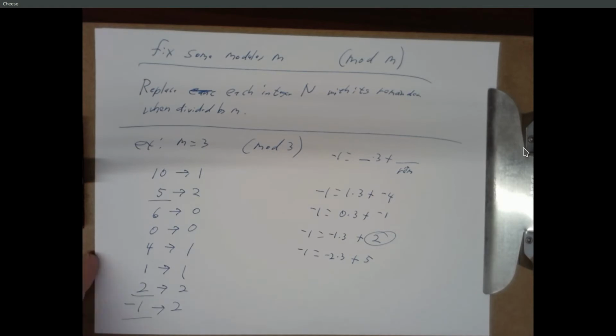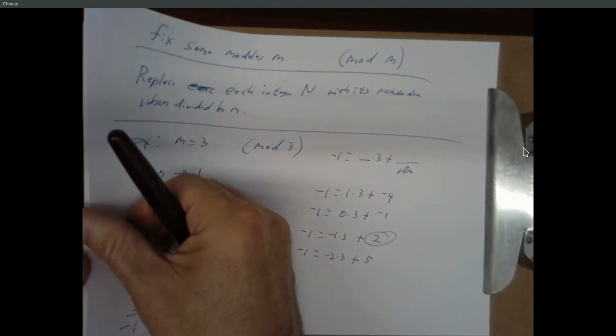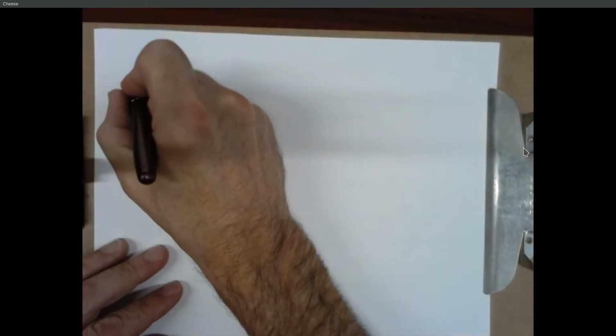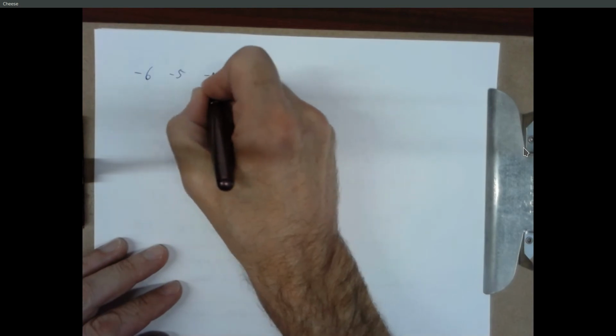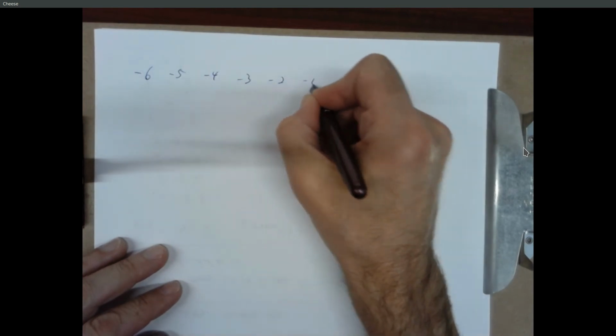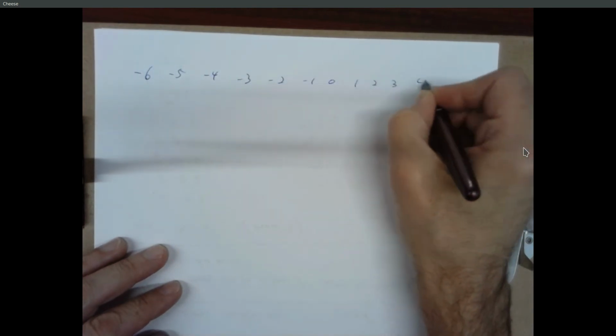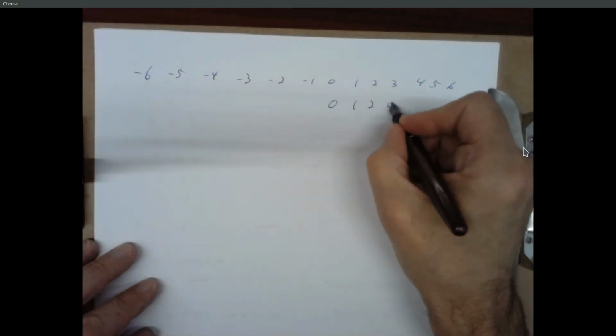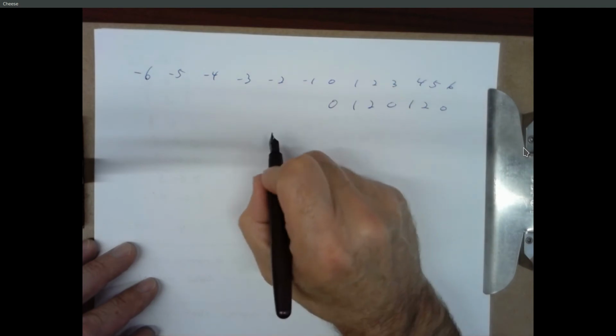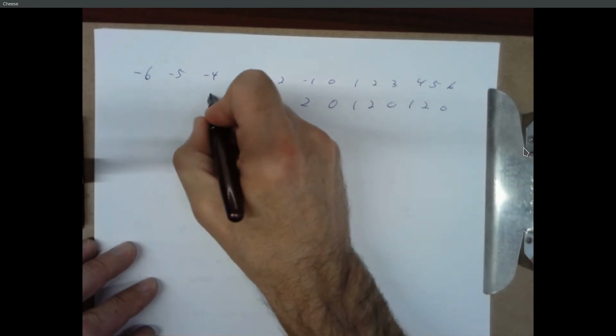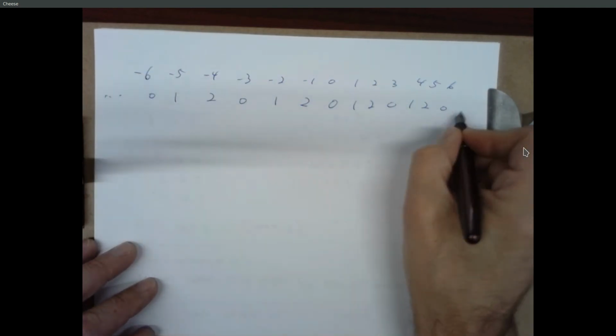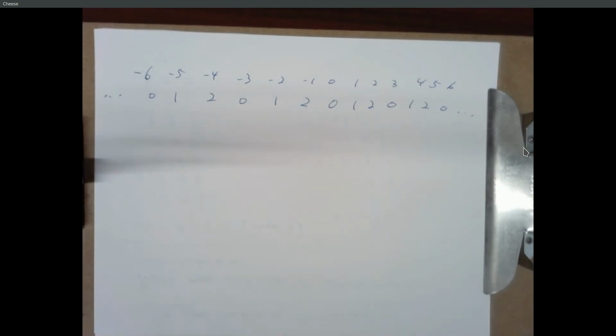And so there's kind of a cycle here. If we write these down mod 3, right? They're just repeating.